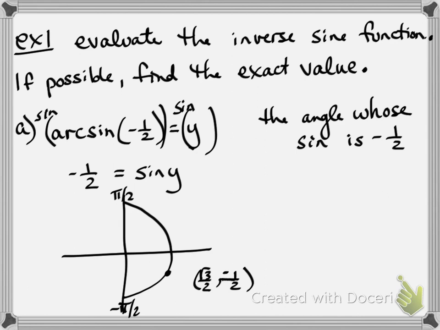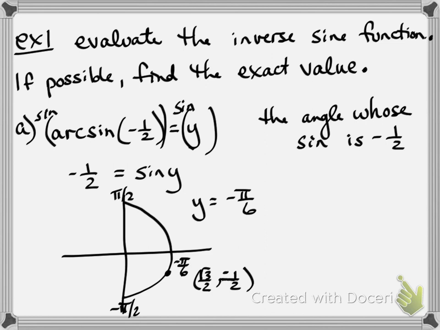At 11 pi over 6, but I need it to be the negative part. So I think that's negative pi over 6. So my y is negative pi over 6. It is the angle 11 pi over 6, but that's not in the range of negative pi over 2 to pi over 2, so we have to use the negative value.